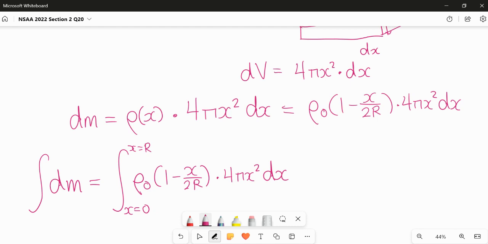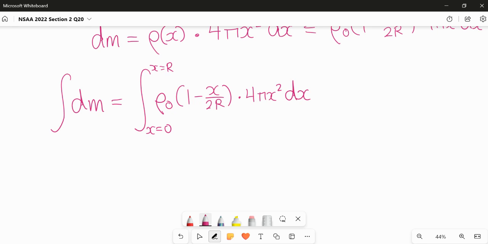And this will give us our total mass, adding up each bit of mass in each section of the shell. Now this is just a simple integration from here on out. So I'll just take some factors. We have 4 pi ρ0.